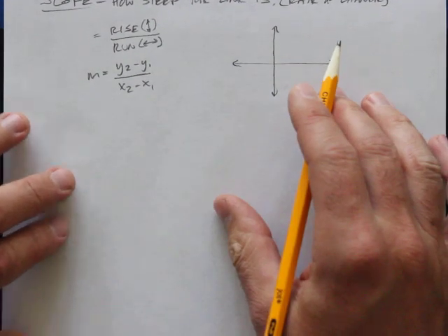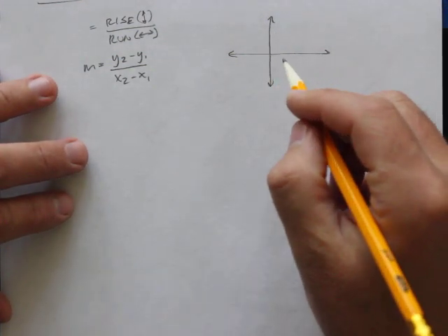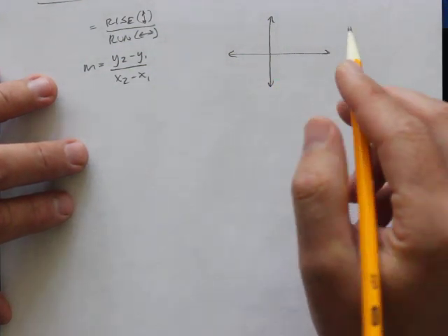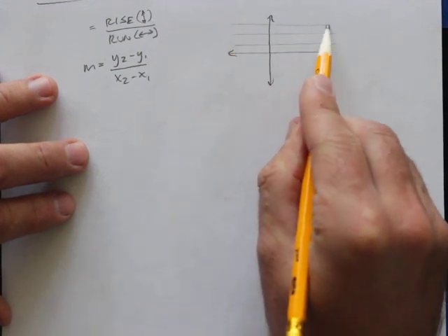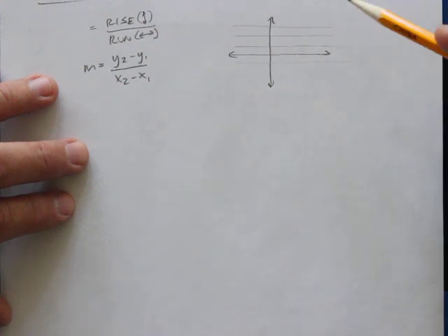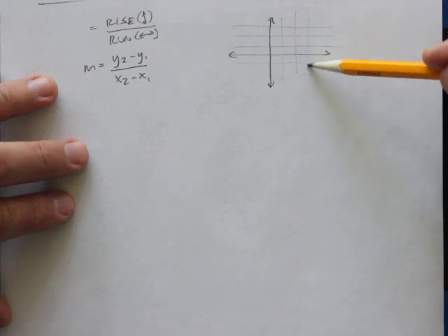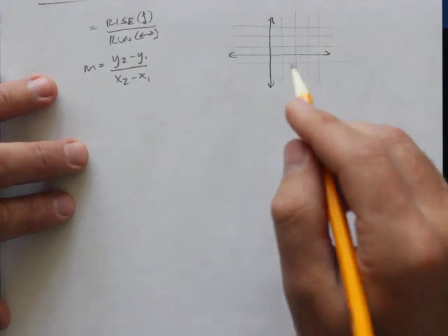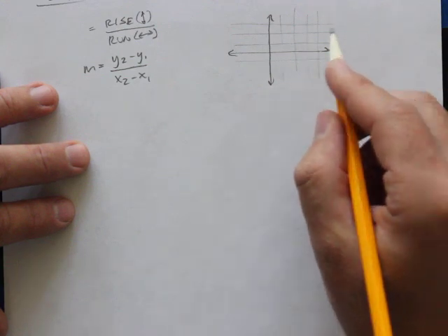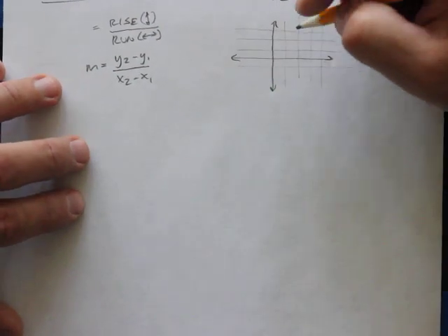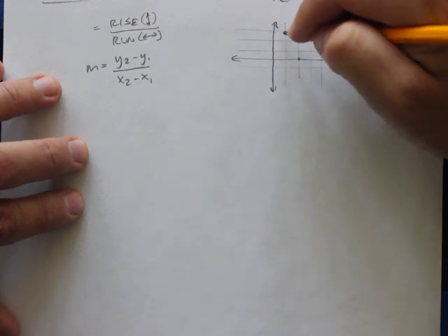But there is a trick that you can use if you have a very clean and clear graph. So let's just say I've got a very clean and clear, easy to read graph. And I've got a line that goes, let's say, from here to here.